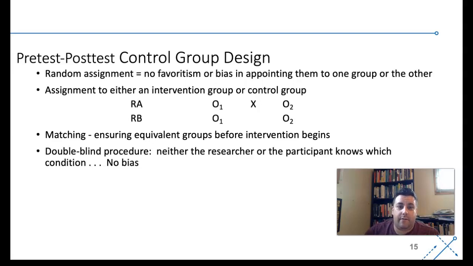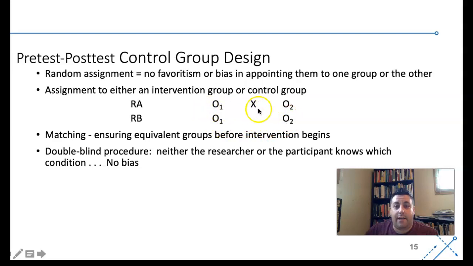So here is this part right here. Here is a simple depiction of pre-test, post-test control group design. So we've randomly assigned people to either this A group, which is the intervention group, or this B group, which is the control group. Now, in this particular scenario, our control group does not get a treatment.